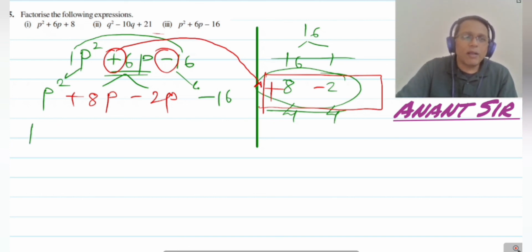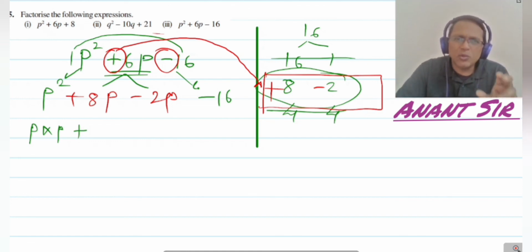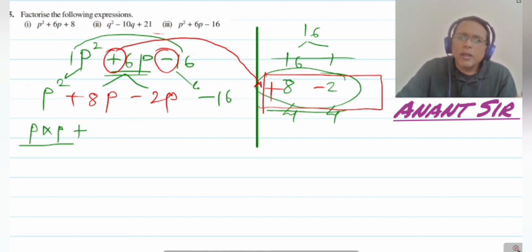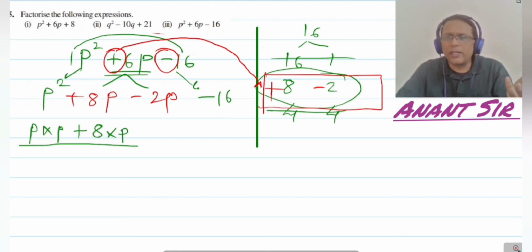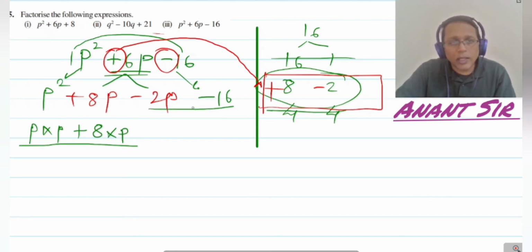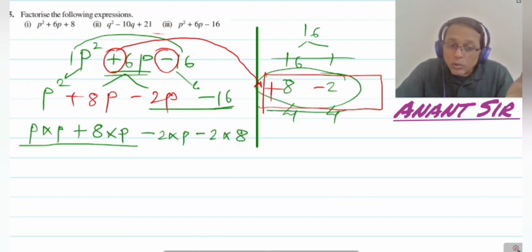p square I will write as p into p plus 8. I don't have to write the factors of 8 here, because in the first term we don't have any number, so we cannot take any number common. Now in the last two terms, minus 2p I will write as minus 2 into p, and 16, don't write it as 4 times 4. What is the use?